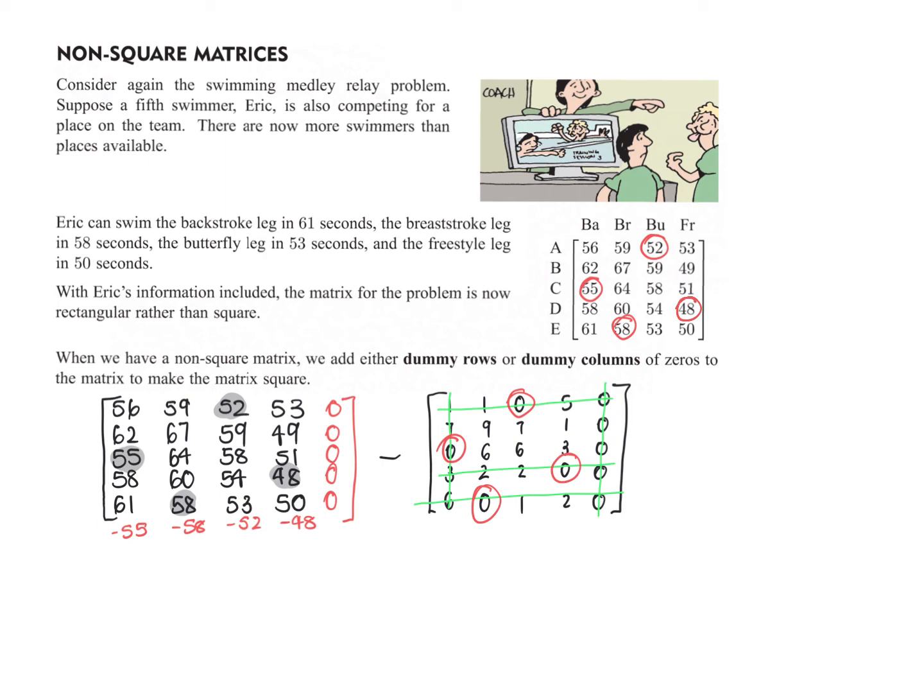So we would just assign who's doing what to finish our questions. So A will do the butterfly leg. C will do backstroke.